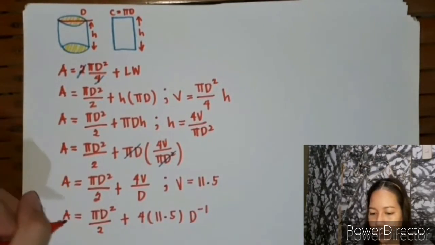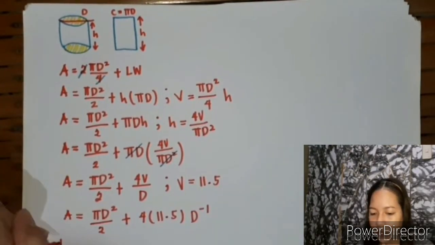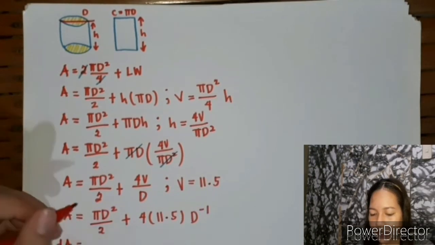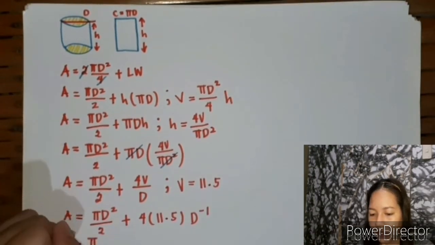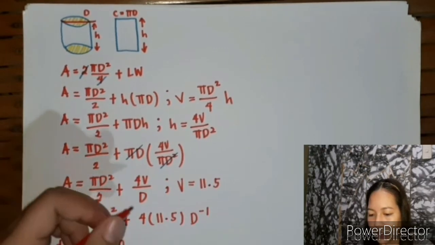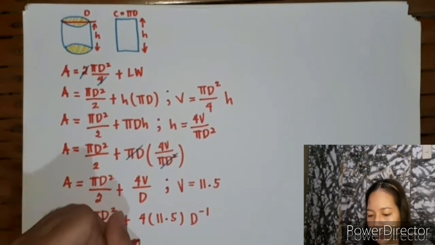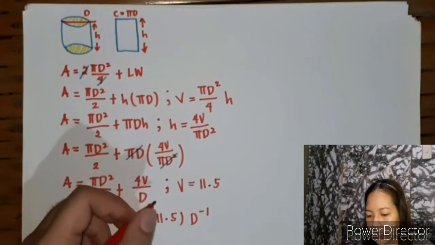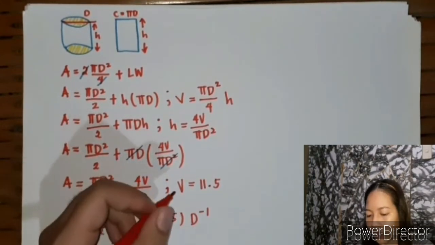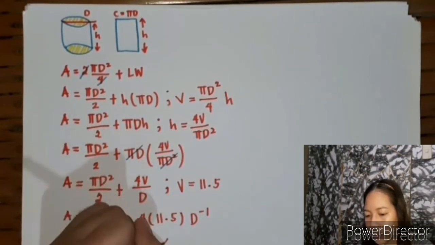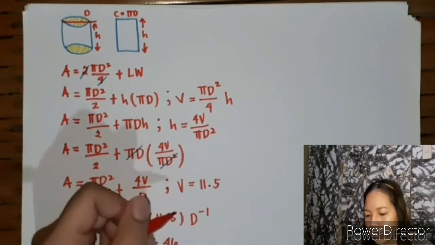And now we will get the derivative of both sides. It will become d of a is equals to pi all over 2 times the derivative of d squared, 2d times d of d, plus we will multiply 4 into 11.5, it will become 46.